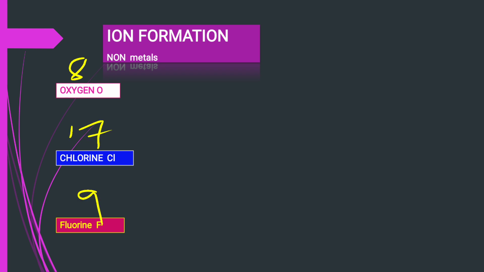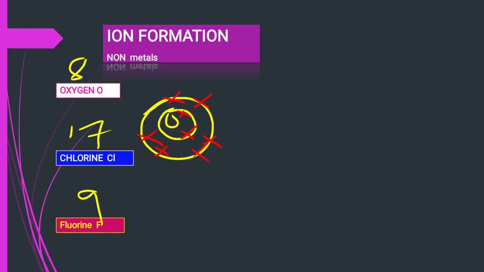We begin with oxygen. The atomic structure of oxygen looks like this. We have the first energy level and the second energy level, like that, whereby the first energy level has 2 electrons and the second energy level has 6 electrons.